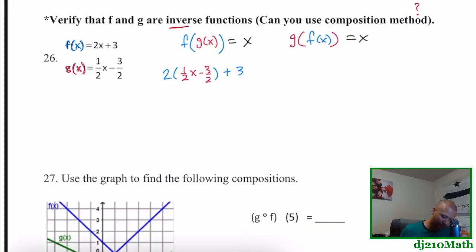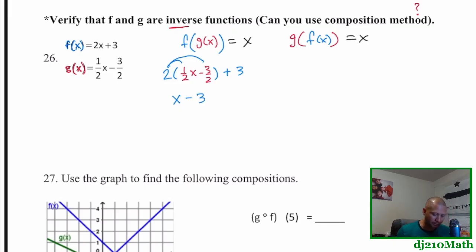So there's the composition. Now we have to start simplifying, start calculating. So the 2 is going to distribute. When the 2 distributes, what's left behind? The 2 is going to cancel with the 1/2, leaving behind x. The 2 is basically going to clear the fraction, where all the denominators are going to go away.